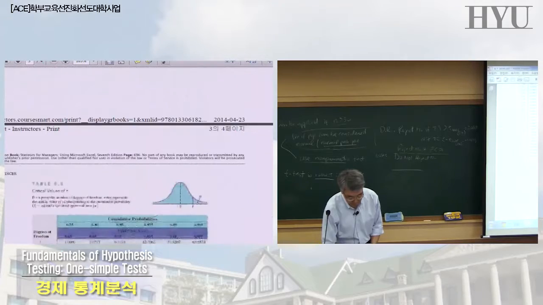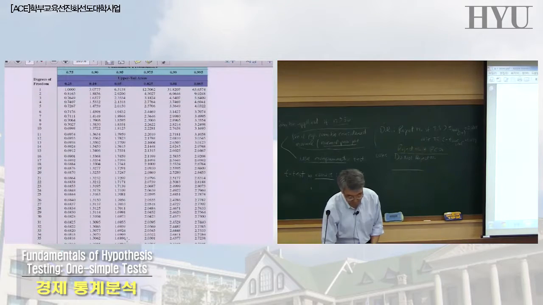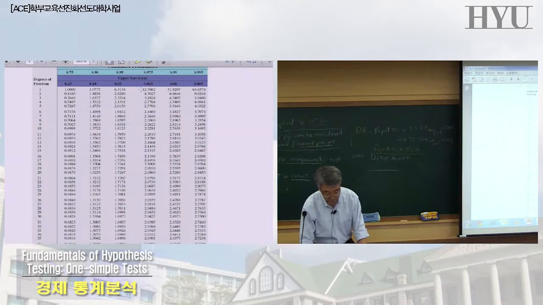But we're using a t-score, and the t-table is completely different. These are not the areas, these are actually t-scores. Area is only found up here. Unfortunately, we were given just a few alpha areas, like 0.25, 0.1, 0.05, 0.025, and so on.